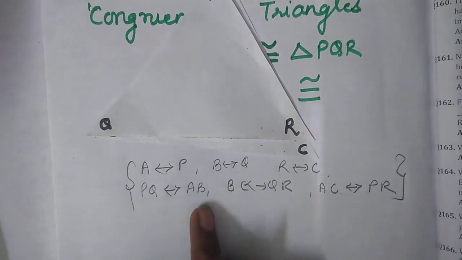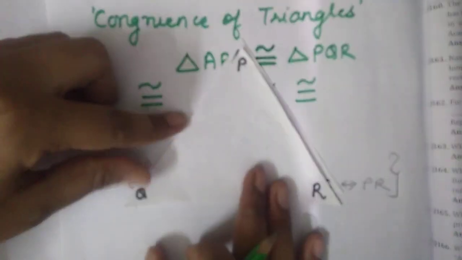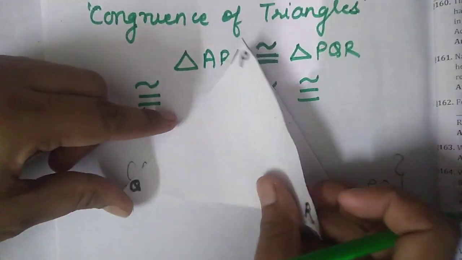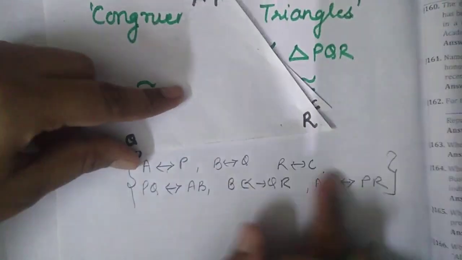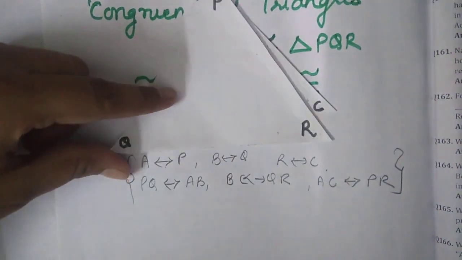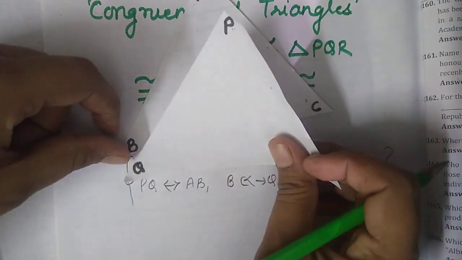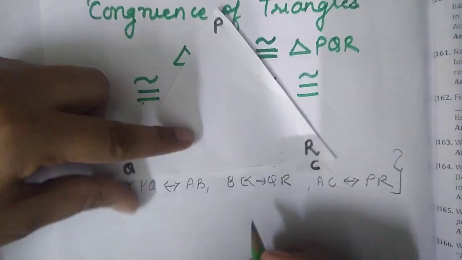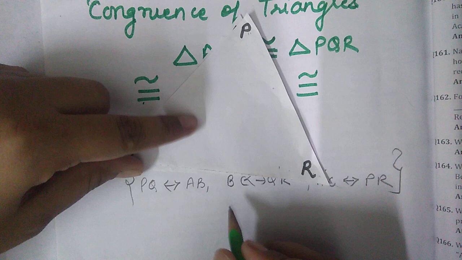These are the corresponding elements of congruent triangles. We have proved that they are congruent because they are completely overlapping. So these 6 are the corresponding elements of a congruent triangle.